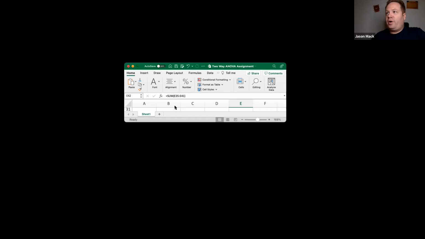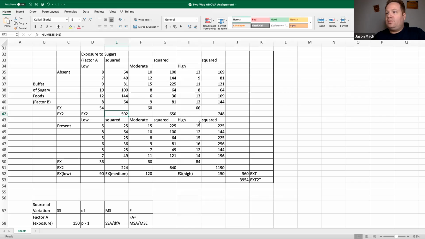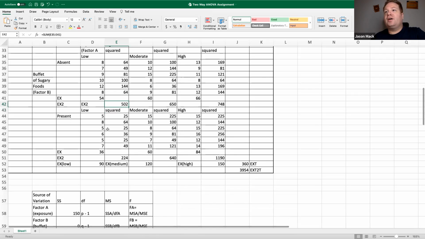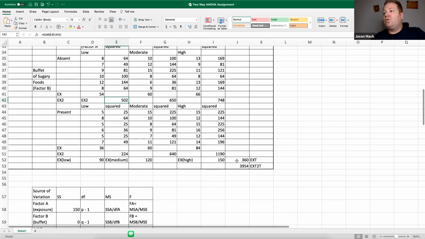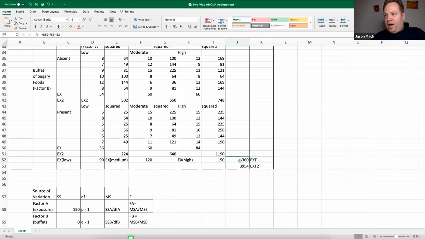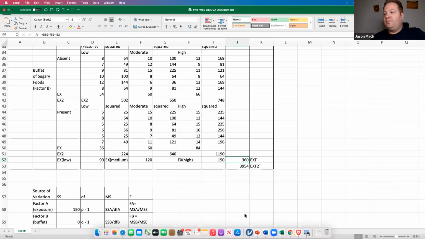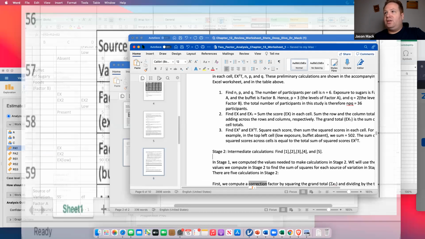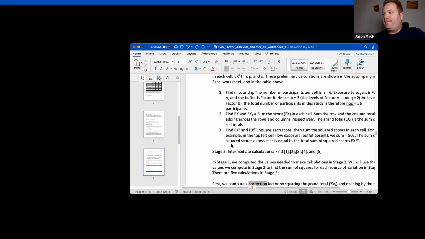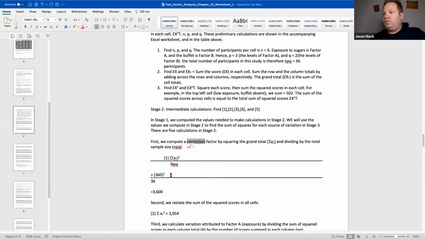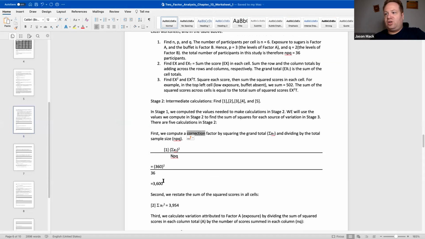So that 360 squared came from right here. So I took that and I squared it and I divided by the total, which is 36. So just to give you guys a sense of where each value is coming from. So let's go back to our Word document, and we'll make that big again. So that's 360 squared divided by 36, which is 3,600.